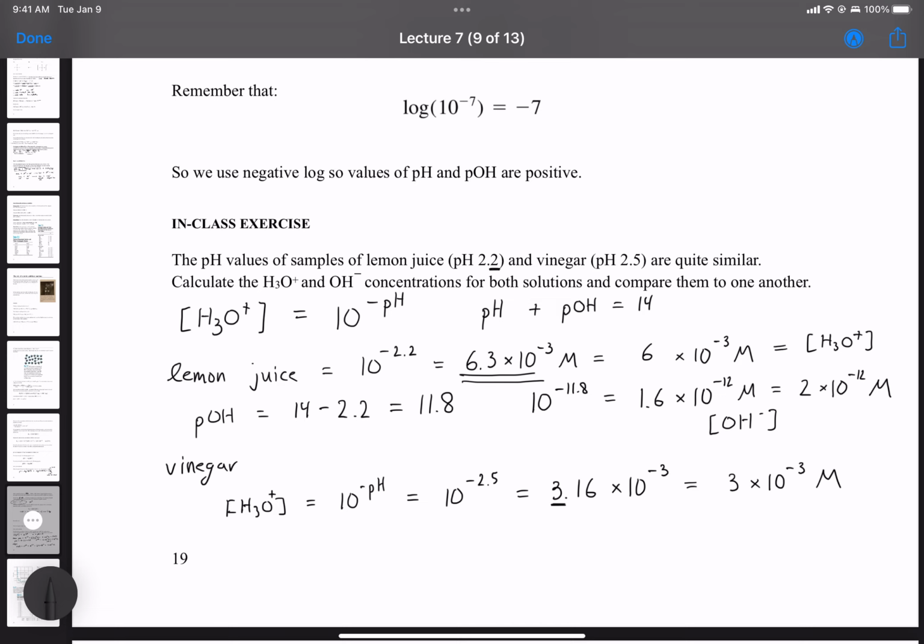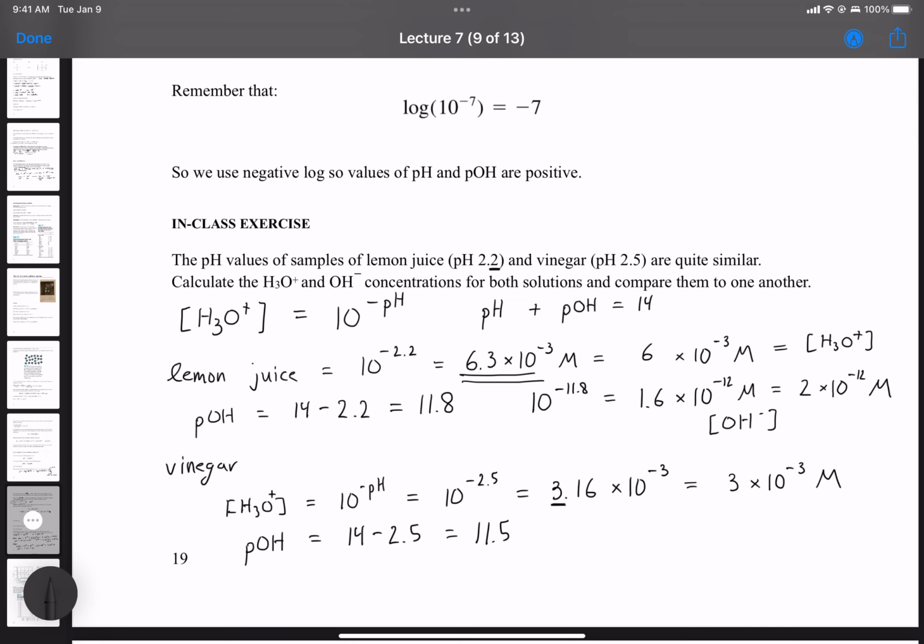Now let's find the OH concentration. We will use the pOH equation. So pOH equals 14 minus 2.5, which is 11.5.